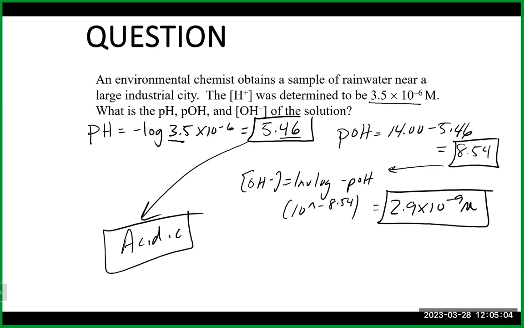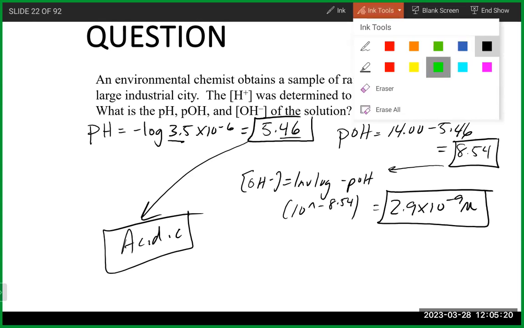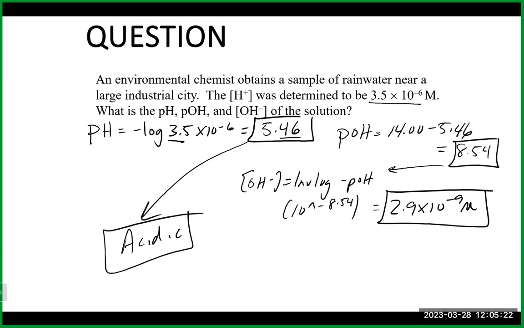Calculating that? Yeah. There's only 1 decimal place because in this situation, if we follow where we started, we had 2 significant figures in the original concentration, which means when we calculated the pH, we should end up with 2 decimal places.